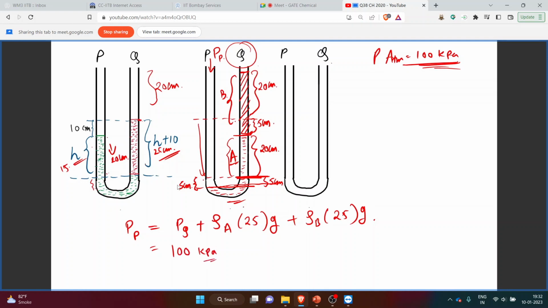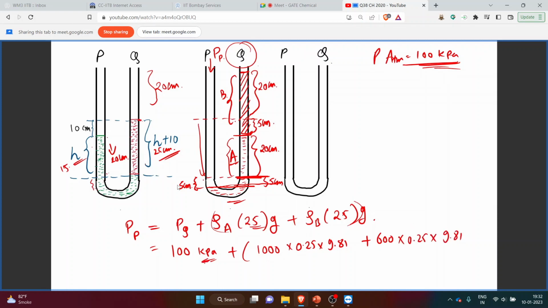Now we need to change the units of these two terms also in kilopascal. So rho A was 1000 kg per meter cube into 25, let's just convert it into meters. It will become 0.25 into g is 9.81 plus rho B is 600, height is 0.25 into g is 9.81.